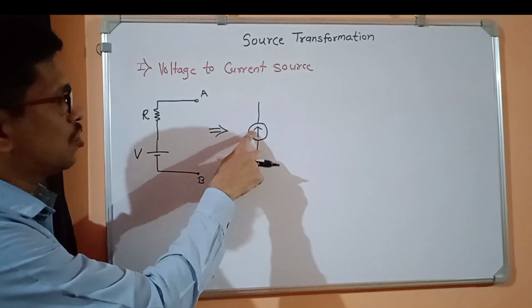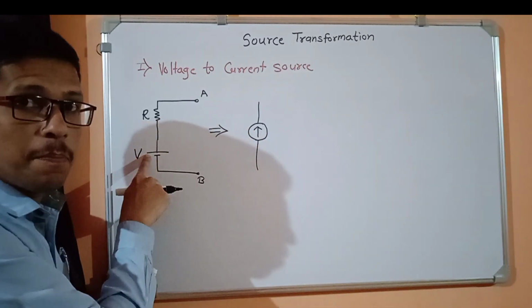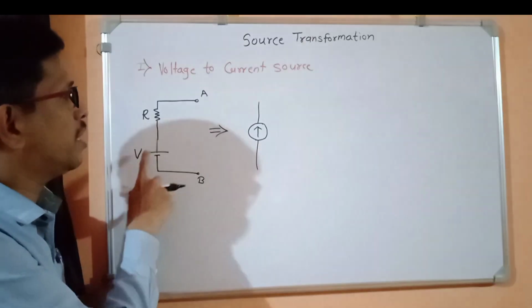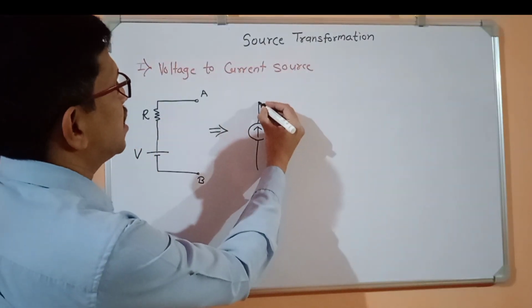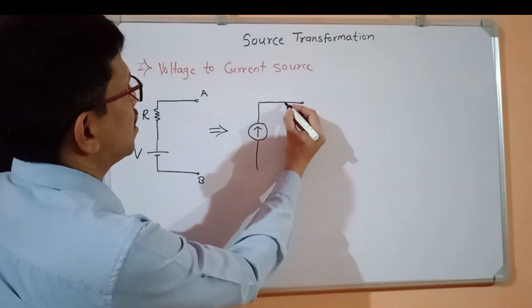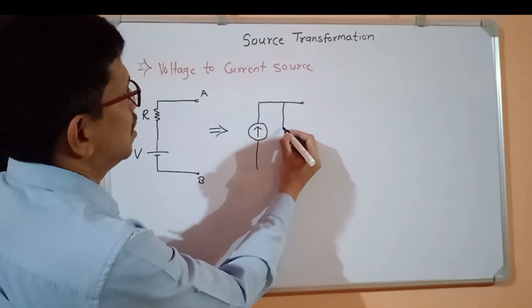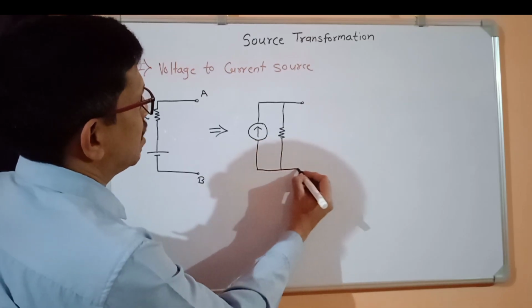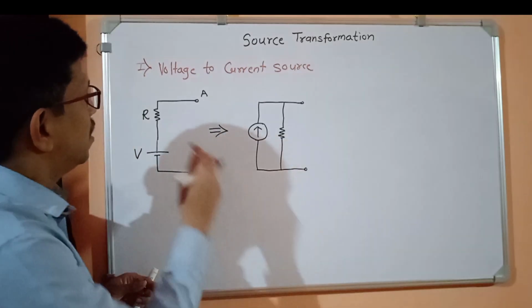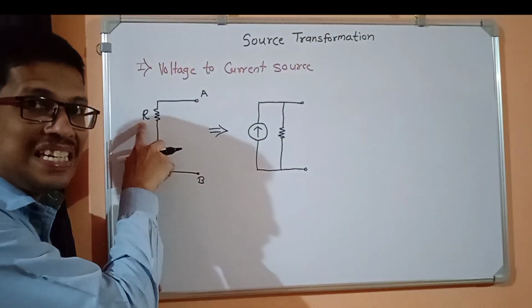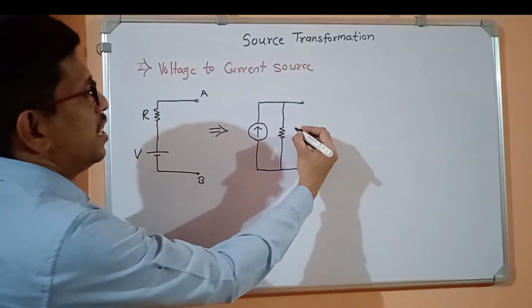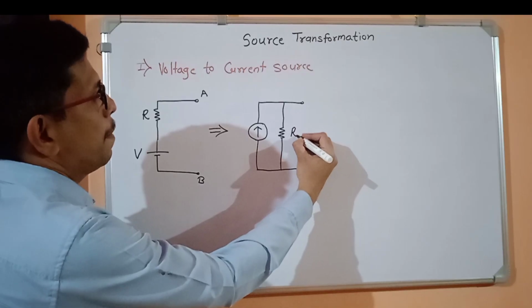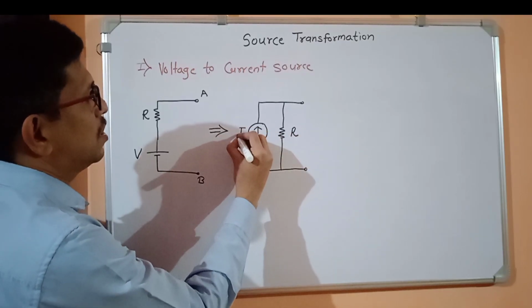The resistance which was present in series with the voltage source is connected in parallel with the current source.